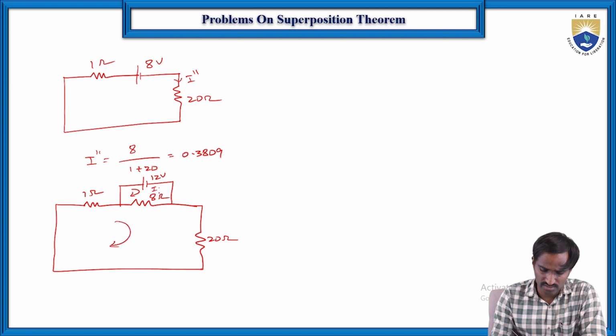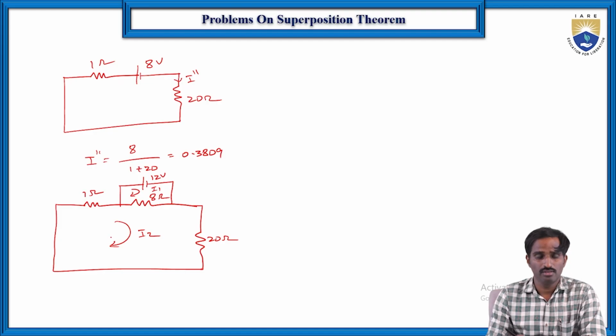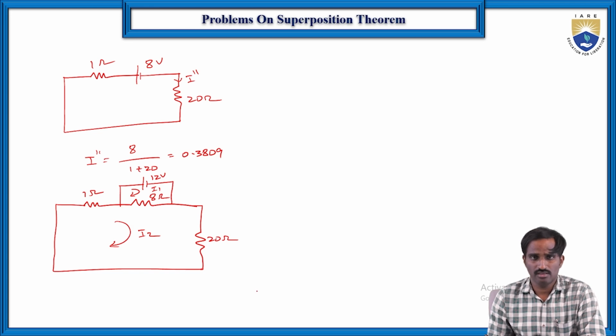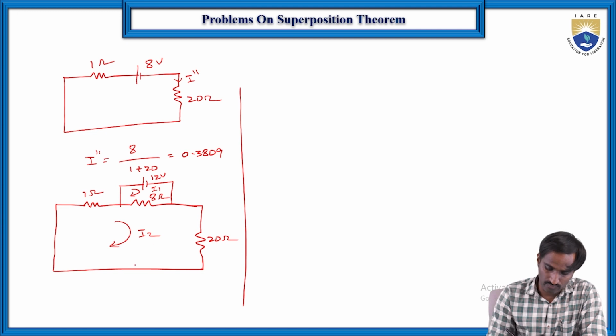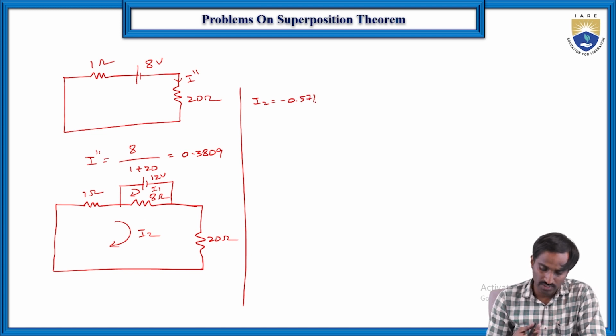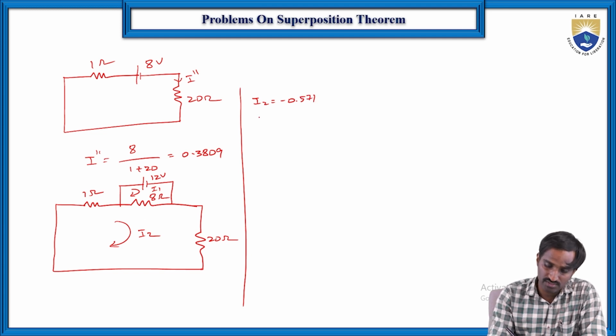Let us consider I1 and I2. By applying simple loop analysis, you can find the values of I1 and I2. Here the value of I2 is equal to minus 0.571, which is nothing but I triple dash, equal to minus 0.571.